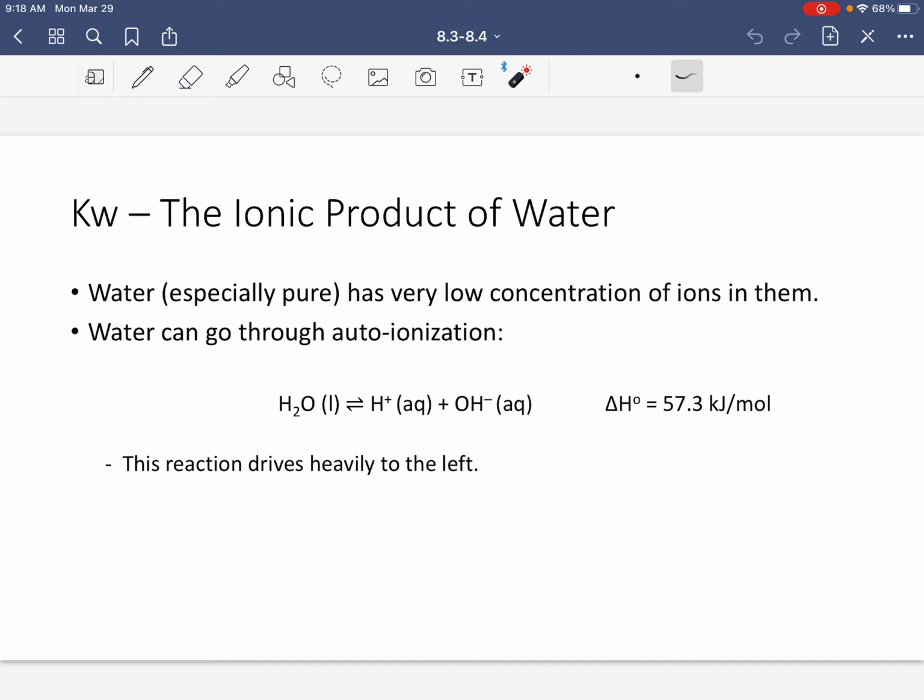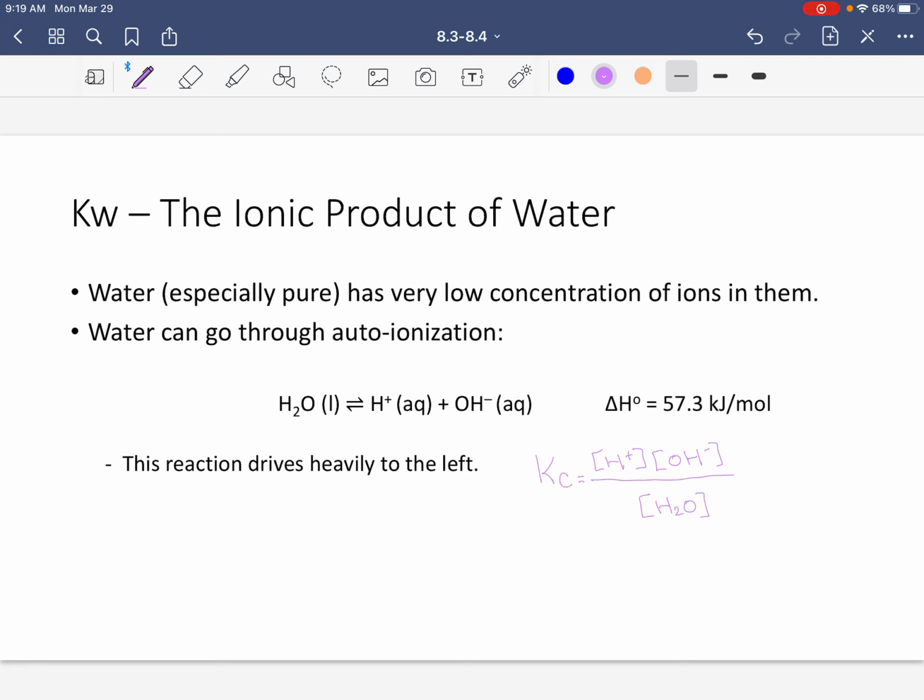All right, enough of that. Let's talk about Kw. How do we find what the Kw is? If you look at this reaction, you can come up with a Kc expression. Kc in this case is equal to [H+][OH-] divided by [H2O]. That would be the equilibrium expression for the autoionization of water.